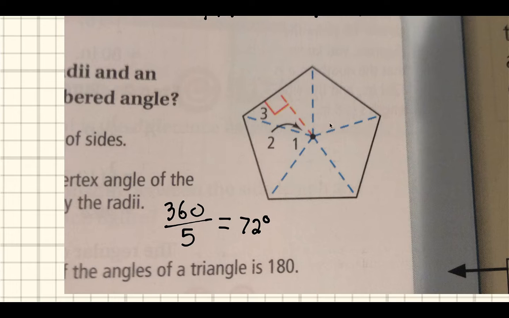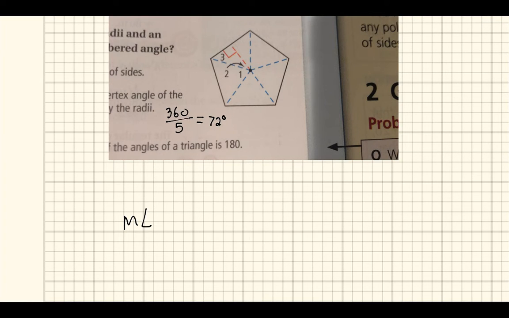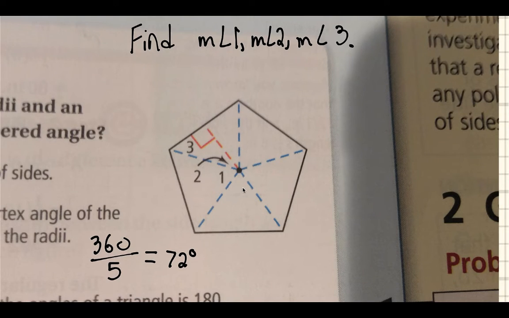That's this angle 1 here. We've already found the first one. The measure of angle 1 is 72 degrees. So this angle here is 72, this angle here is 72, this one here, and this full angle from blue to blue is also 72.